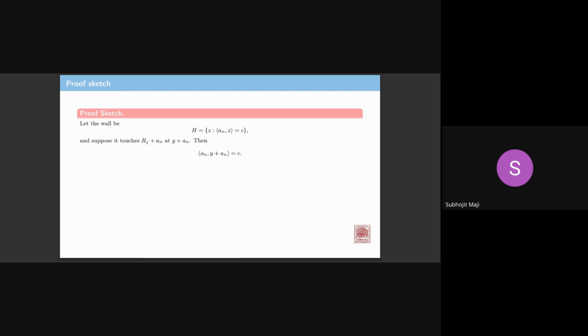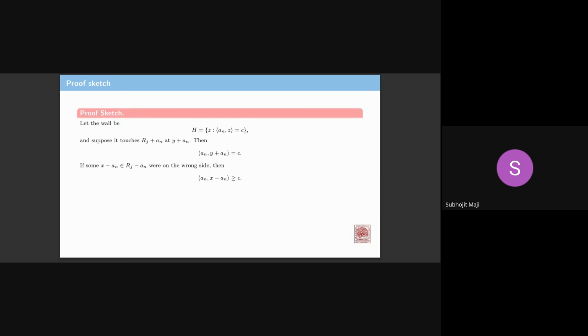I would let you do that exercise. For now, suppose that it touches Rj plus AN at some point y plus AN. In rigorous terms, this means that the closure of the region Rj plus AN contains a point y plus AN that is in that wall H. So y plus AN should satisfy this relation: AN dot product with y plus AN is basically c.